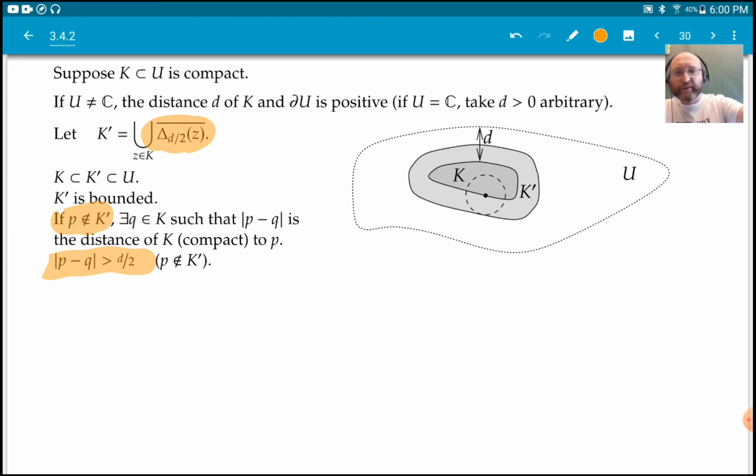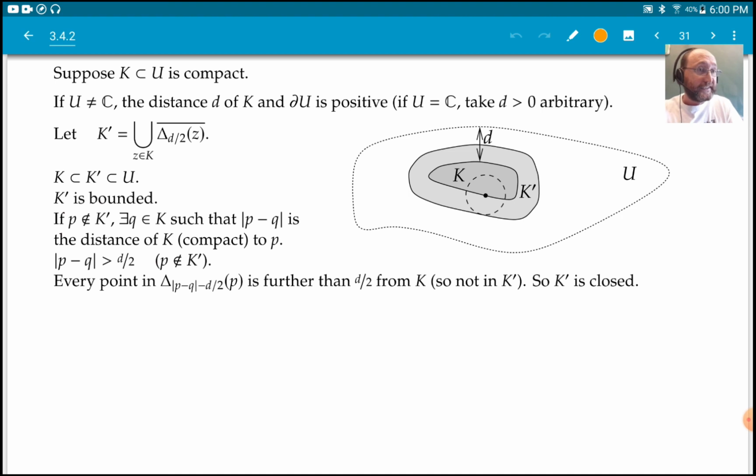All right. So then if I take, right, so what does this mean? That means I can subtract d over 2 from p minus q and still get a positive number. So we can take a look at this disk, right?